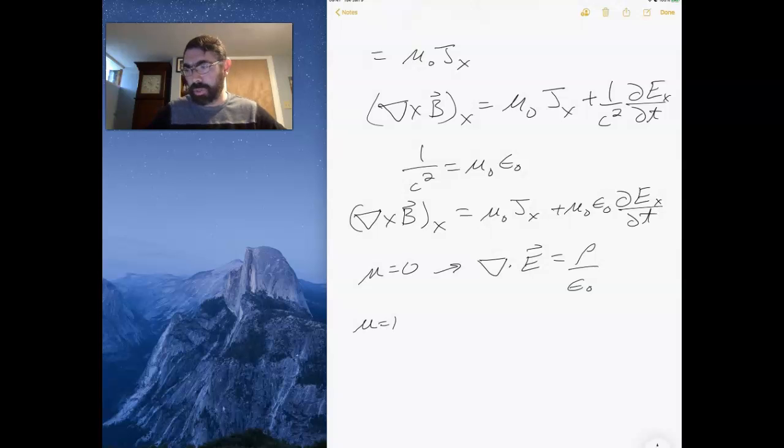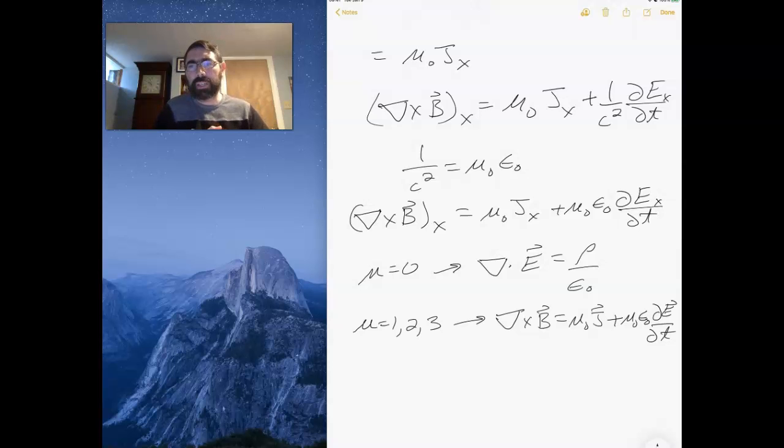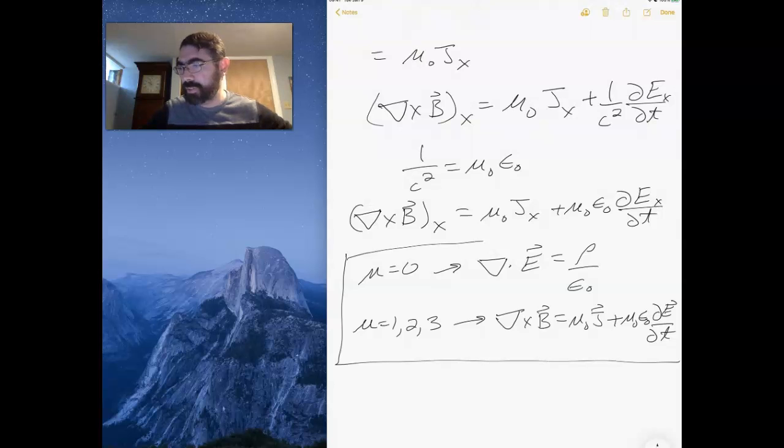Mu equal to 1, 2, and 3 are going to give us Maxwell's fourth equation. So all of the components of Maxwell's fourth equation. So those four components give us two of Maxwell's equations, like so.